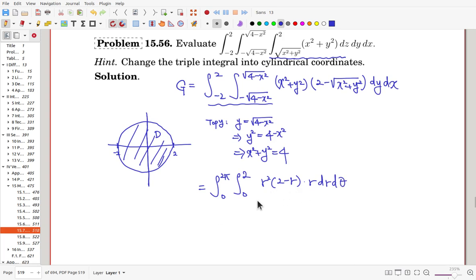Now it is quite simple. It is theta independent, so the theta integral gives the quantity 2 pi.